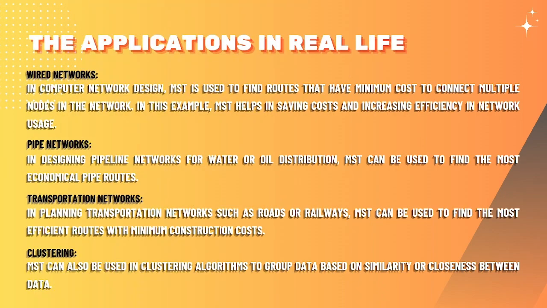So the applications in real life, for example on wired networks. In computer network design, MST is used to find routes that have minimum cost to connect multiple nodes in the network. In this example, MST helps in saving cost and increasing efficiency in network usage. On pipe networks, in designing pipeline networks for water or oil distribution, MST can be used to find the most economical pipe routes.